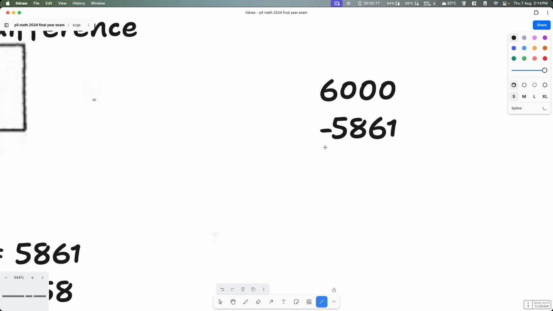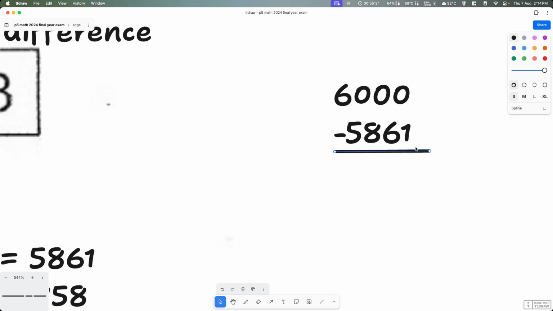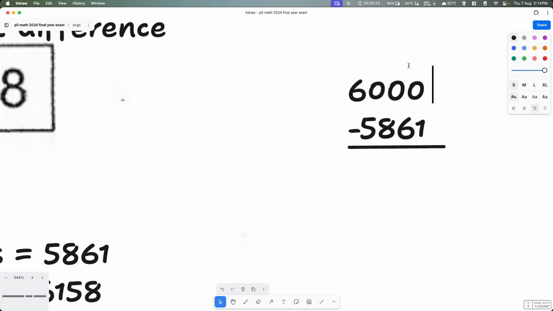From here, we can put 10, and we can put 1 over here, like this. So 10 minus 1 will be 9. We can cancel, cancel, and cancel.